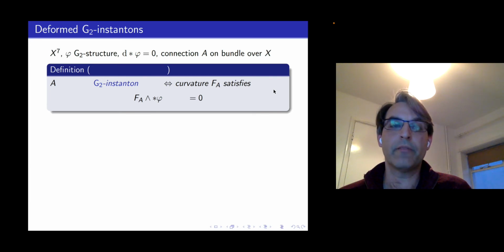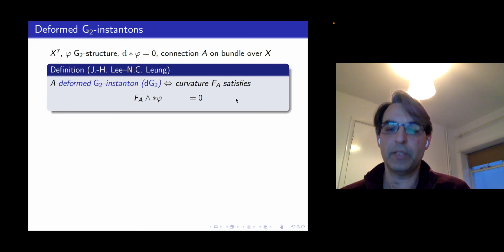Now, that's the regular G2 instanton. So what is a deformed G2 instanton? This was a notion introduced by Leung and Lee, and we will call these things DG2 instantons, just for short. And as the name suggests, you should take this equation and deform it a bit. And how do you deform it?